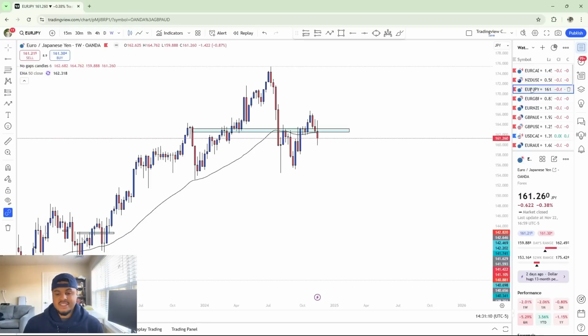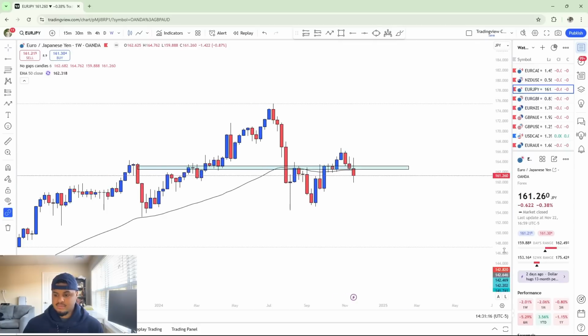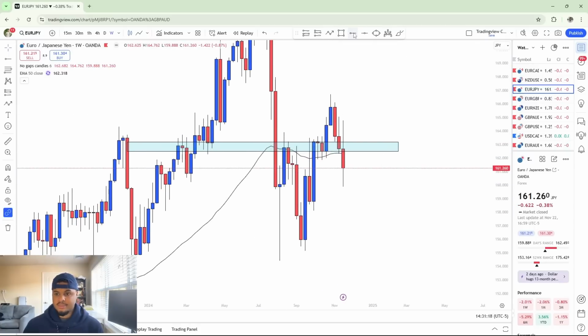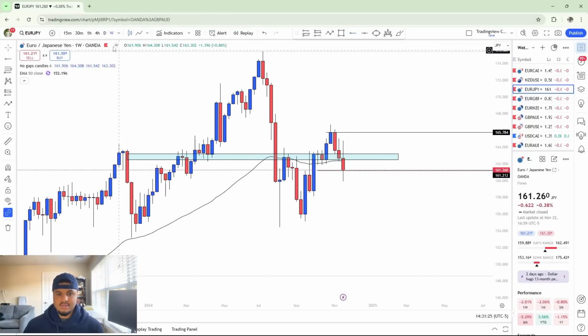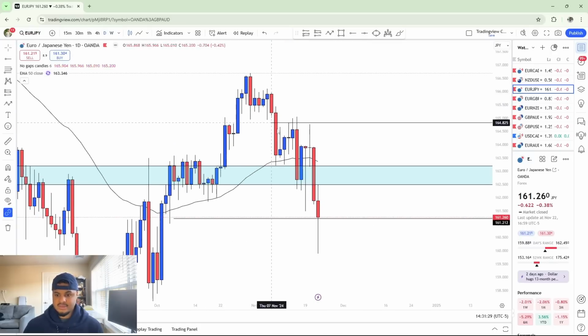So next pair is Euro JPY. We can see here on the weekly, we are bearish. This is how we look. On the daily, we are bearish as well.